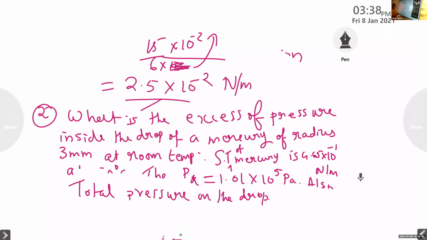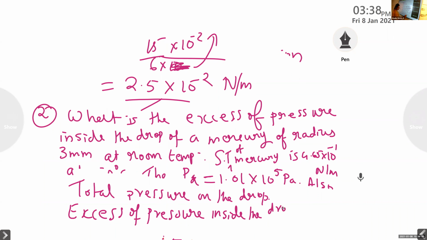If the angle of contact is not given, you can calculate the excess of pressure inside the drop by the equation 2S by R. If the angle of contact is given, you have to use 2S by A cos theta. So this equation you learn.